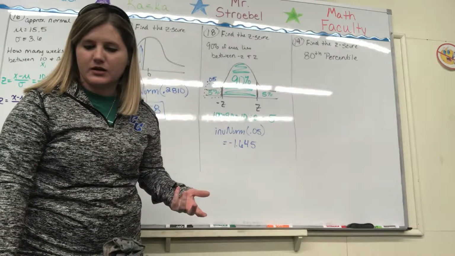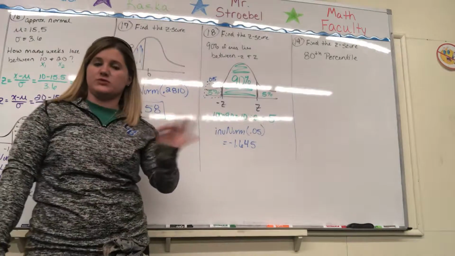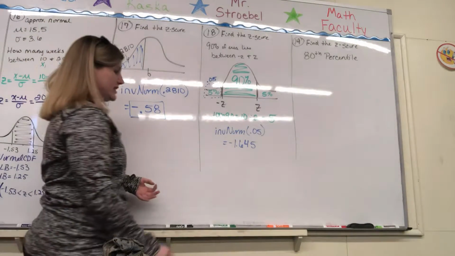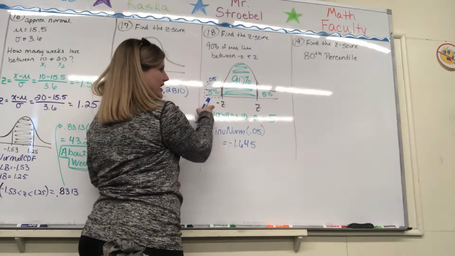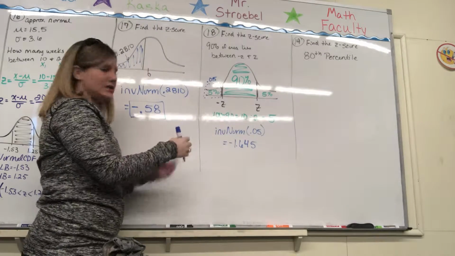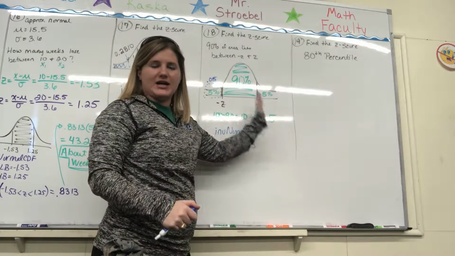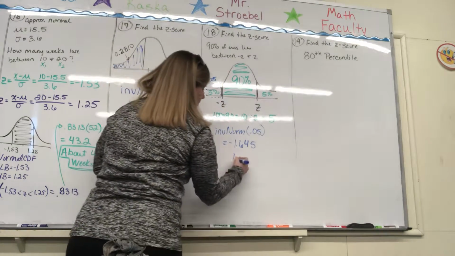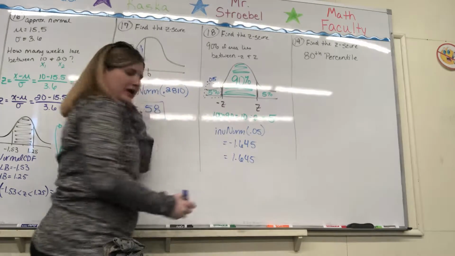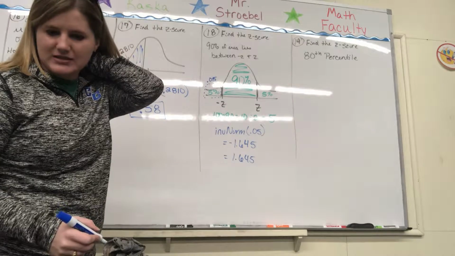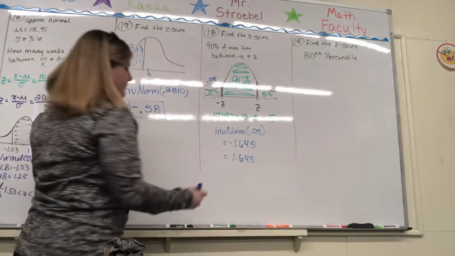The closest one has 3 decimal places, so be sure you match up which one is the correct answer. If this z-score is negative 1.645, these are symmetric again, so the z-score on the other side is 1.645 as the positive, okay? And so our answer choice is D.